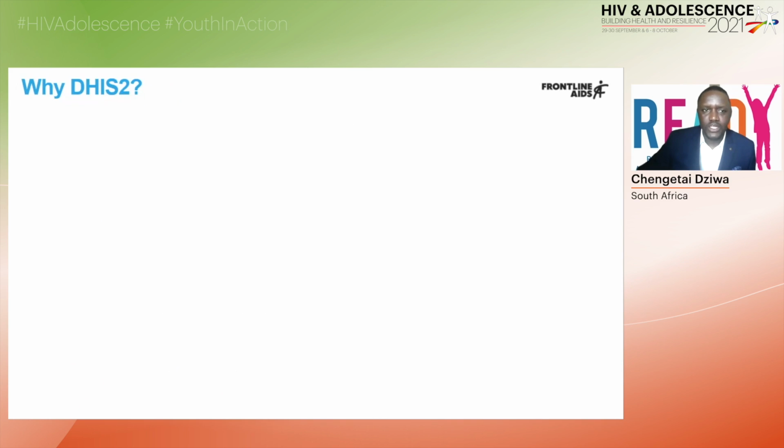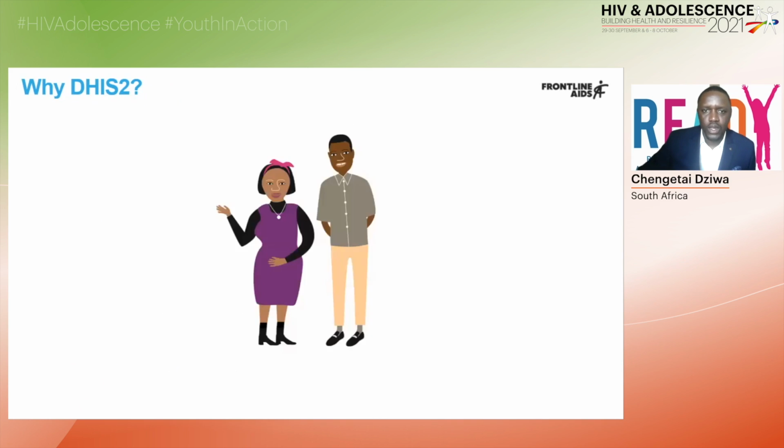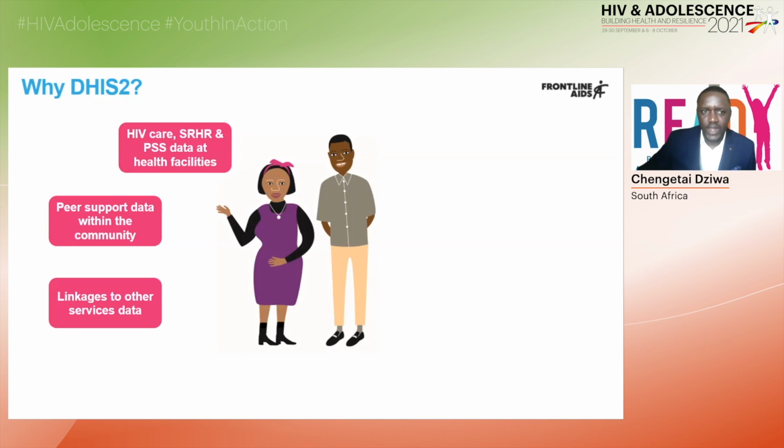So why did we choose DHIS2? There are a number of reasons, and one of them is that we are collecting data at different levels, and also data which applies to a variety of services.